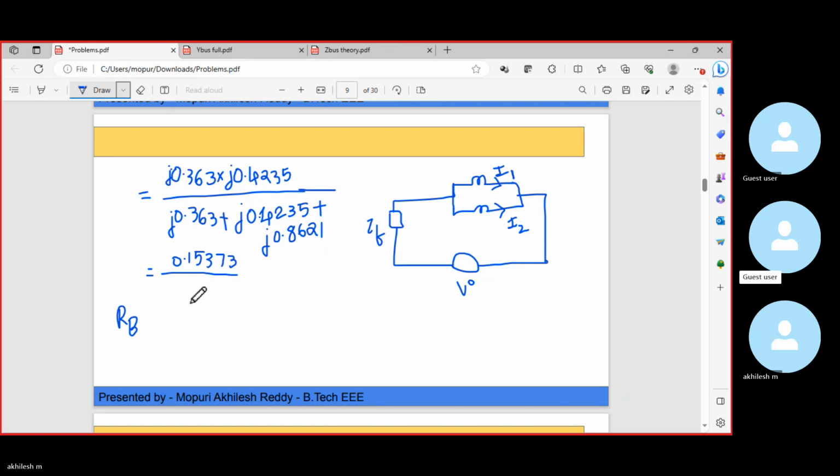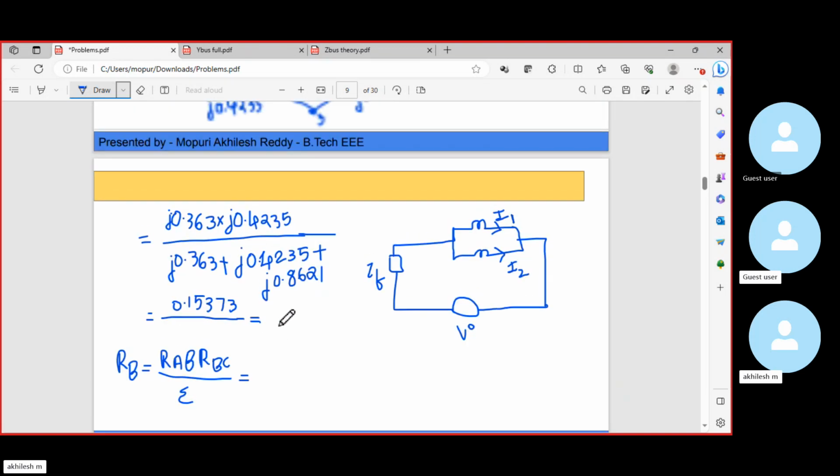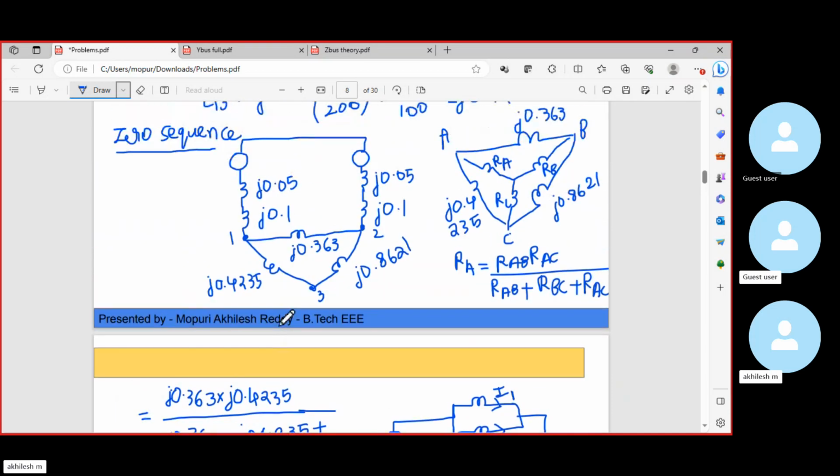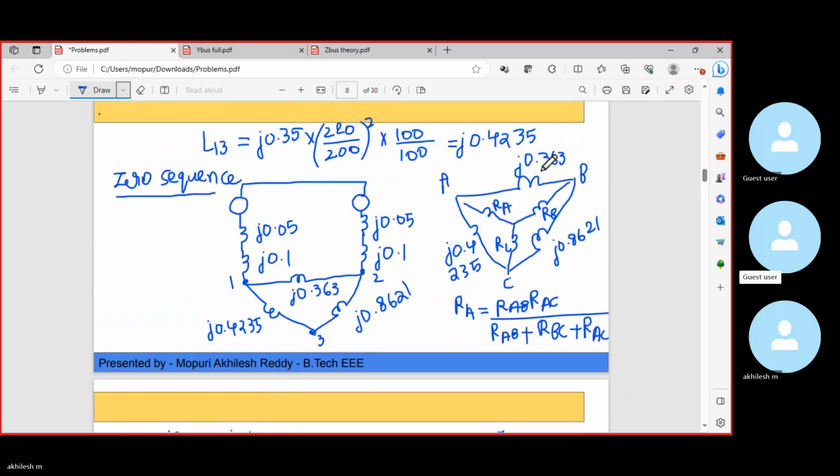Denominator is, okay, wait a minute. Similarly, RB will be RAB into RBC divided by the summation of all. The denominator is 1.6486.